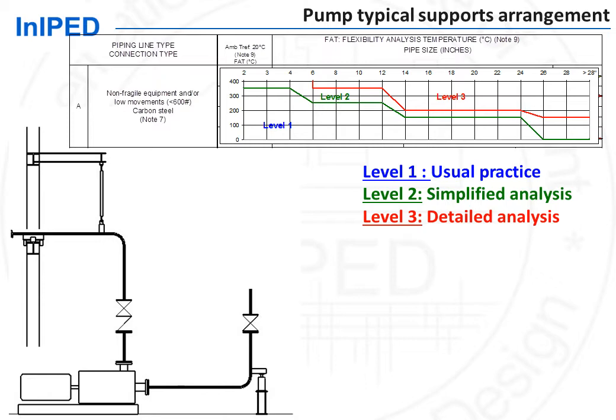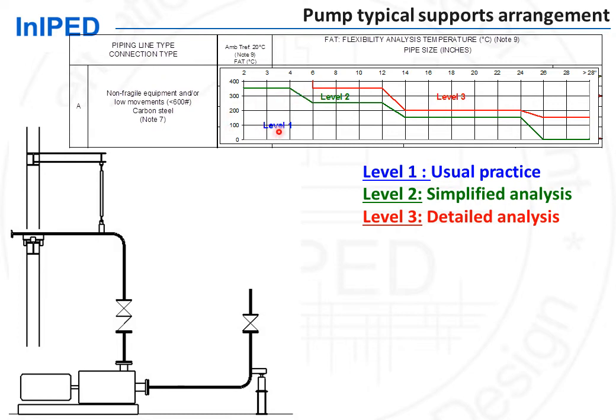The criteria depend on the line diameter and wall thickness, because the larger the diameter and the higher the wall thickness, the less flexible is the line.